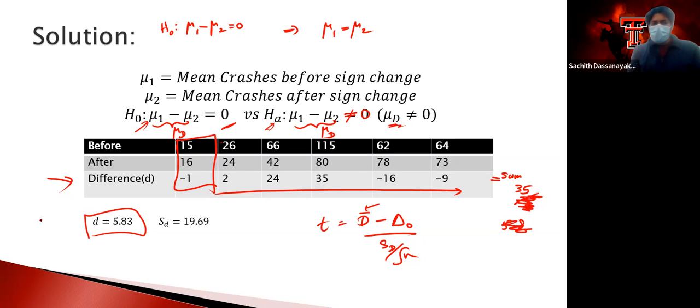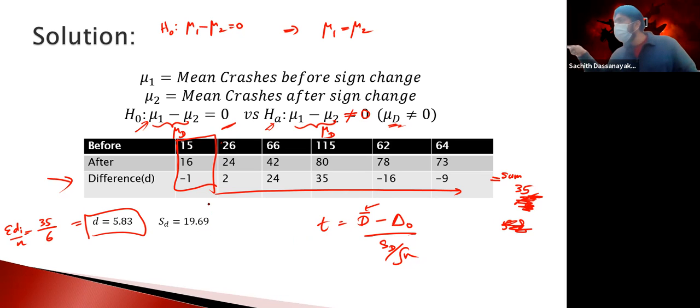So the sum is 35. How do you get d bar? 35 divided by 6, the number of samples. Summation of di's divided by n, which means this value. Then use that equation to calculate the standard deviation: summation of each di minus d bar squared, divided by n minus 1.